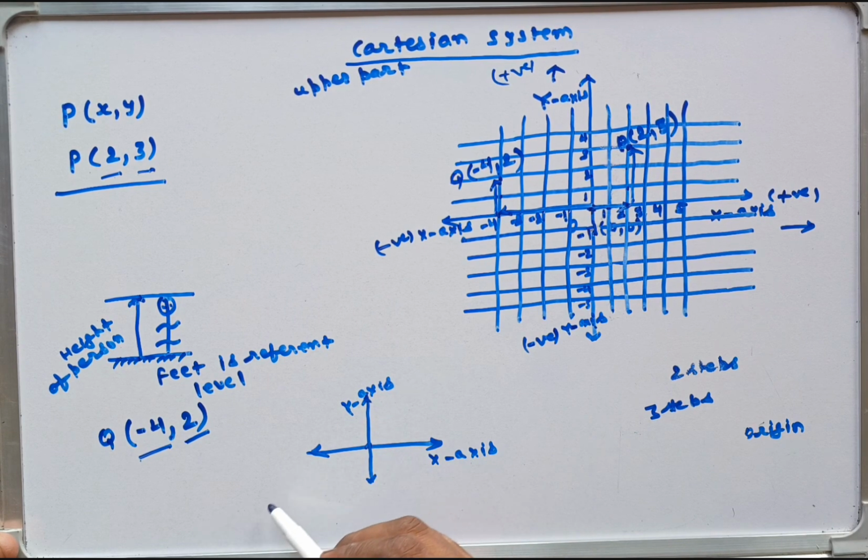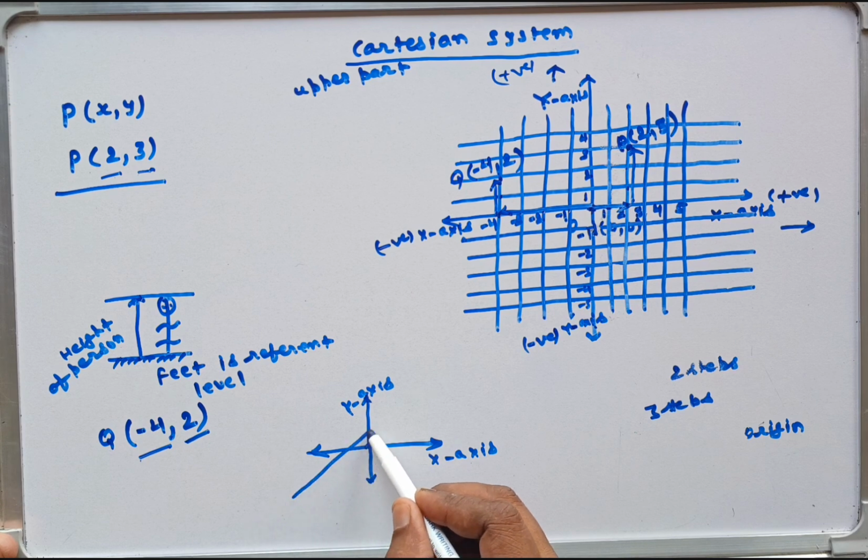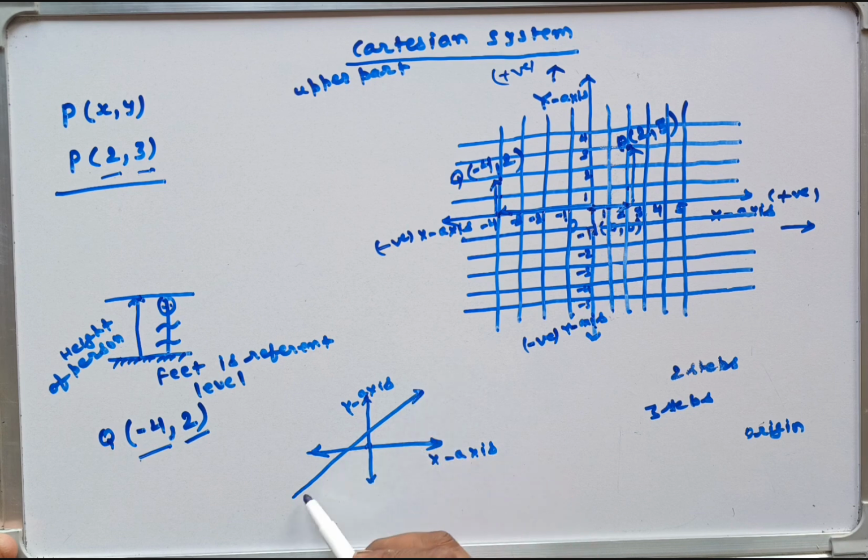Now a line is passing like this one. With reference to the x-axis, we reach this line when we are moving in the anti-clockwise direction.